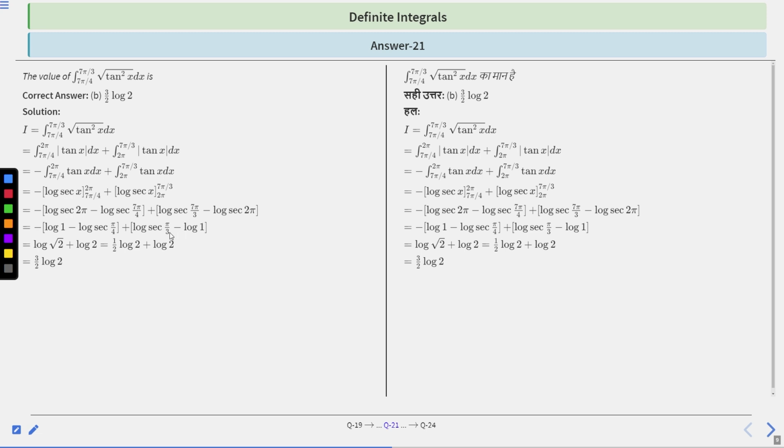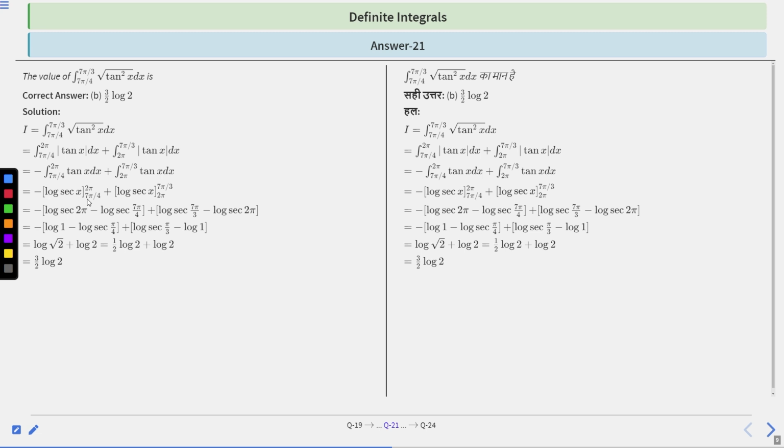I think it is in the fourth quadrant, right? Therefore, in the fourth quadrant, tan x is negative. Plus 2 pi to 7 pi by 3 is in the first quadrant. Clear? So in the first quadrant, tan x will be positive.